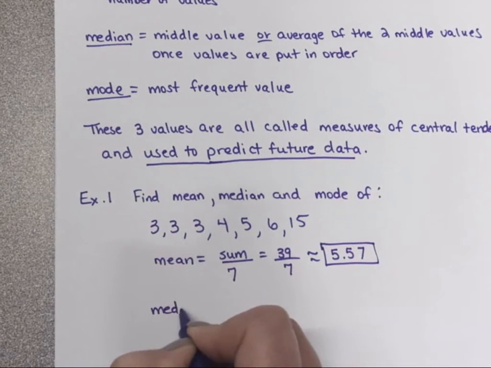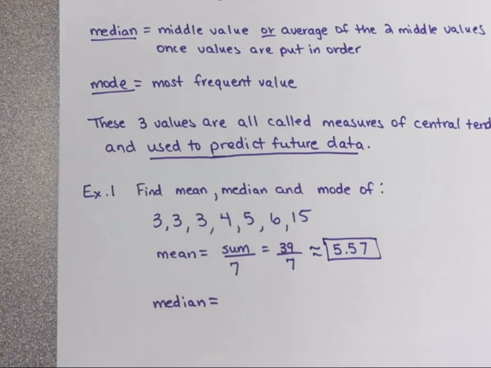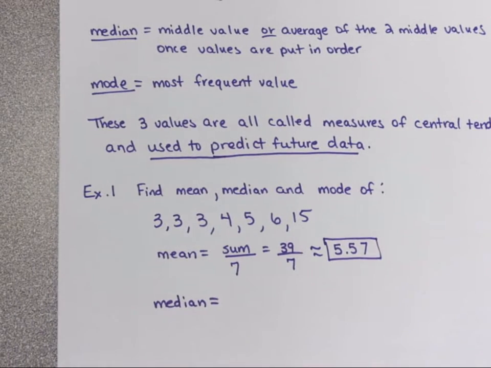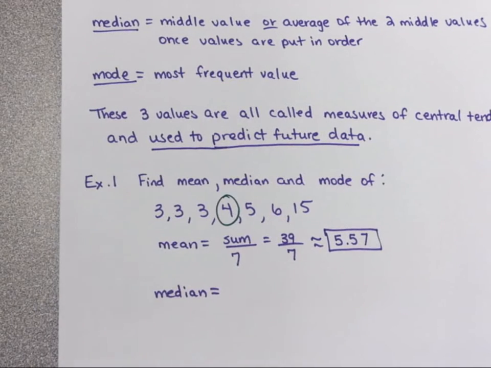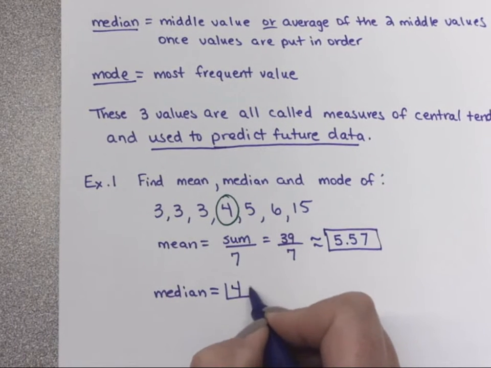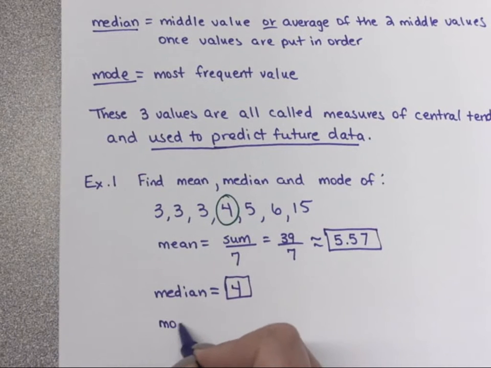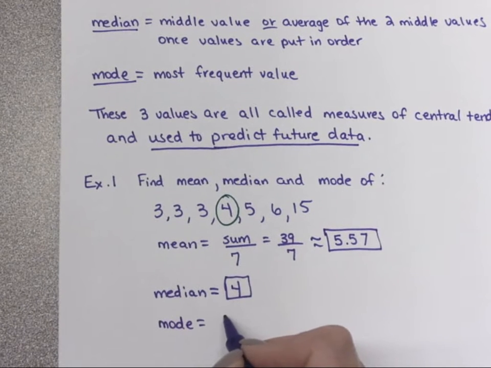The median, remember the median is the what value? The middle, and if there are 2 middles, you average the 2 middles, but this one has a clear middle. Like this number's in the middle, right? If you notice that they're already in order. So the median is just 4. Okay, the mode's pretty easy to pick out too. What's the mode? 3. Okay.